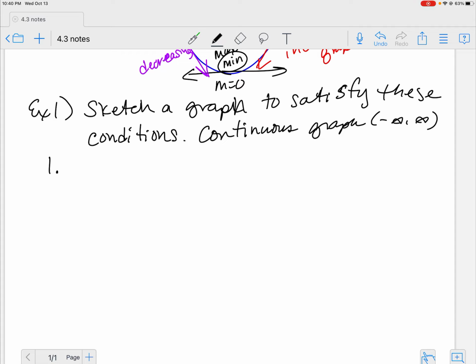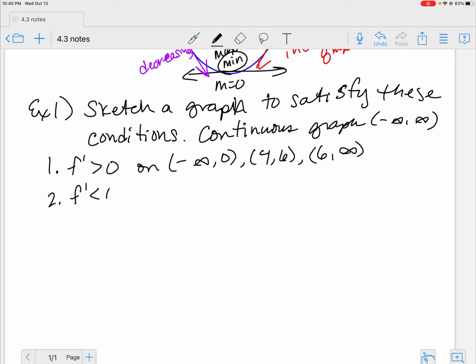Okay, here's criteria number 1. My derivative is greater than 0 on the interval from negative infinity to 0, from 4 to 6, and from 6 to infinity. My second criteria: my derivative is less than 0 on the interval from 0 to 4.